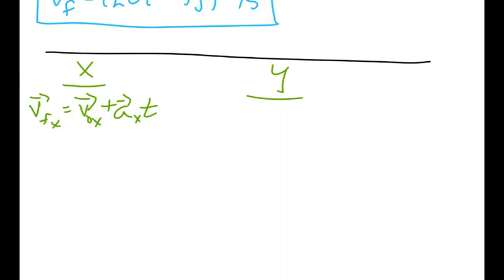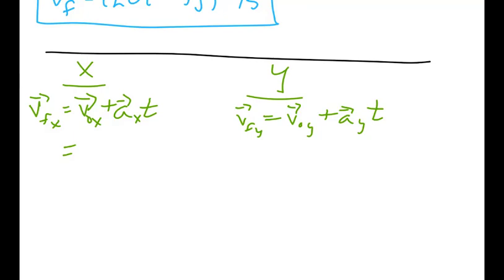This is how we always approach these problems. So again, keeping things separate, but ultimately the same equation. And so now I'm just going to pull down my X components from up above.